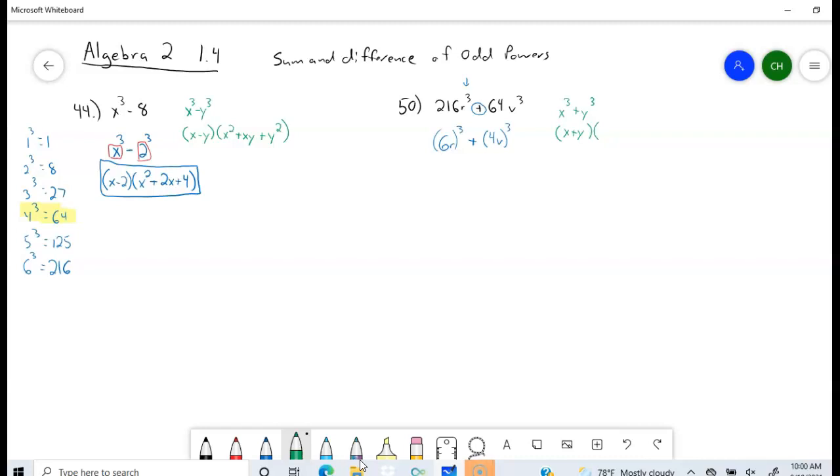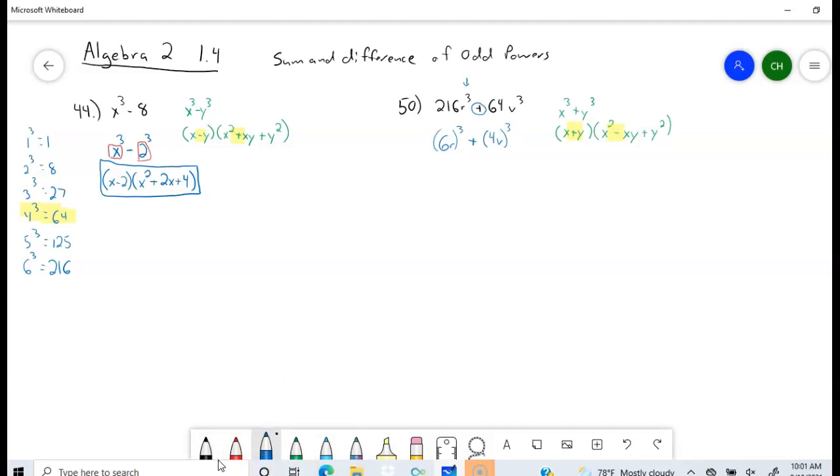I'm going to have the base of the first one squared minus the base of the first one times the base of the second plus the base of the second one squared. So it looks really similar. The key differences are that those two signs are reversed.